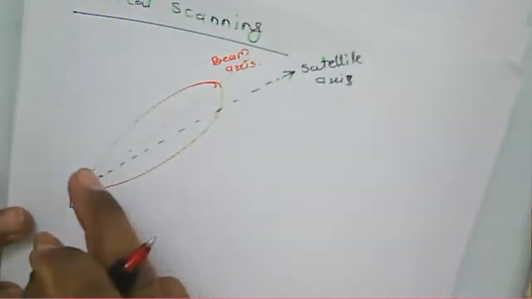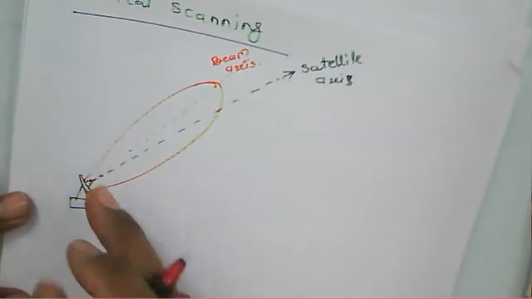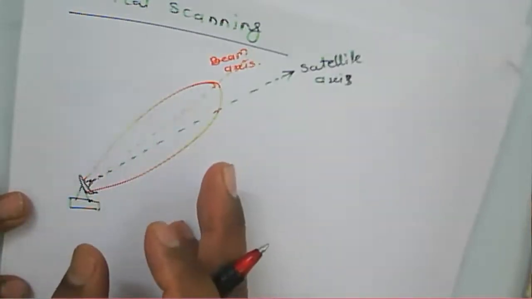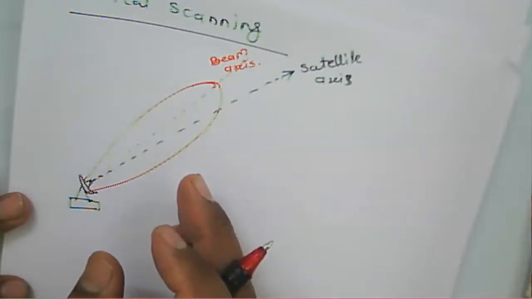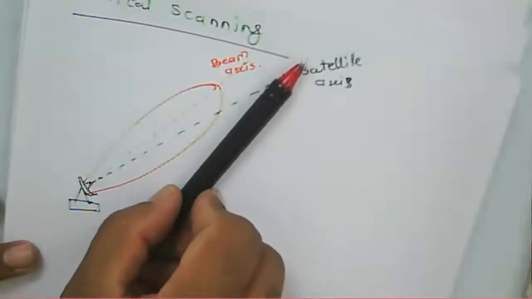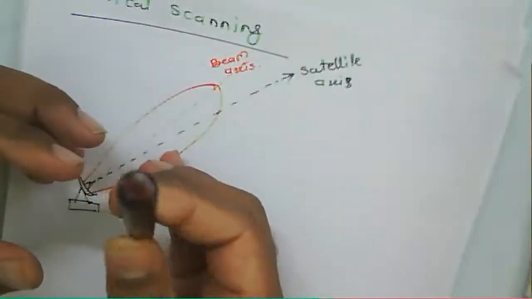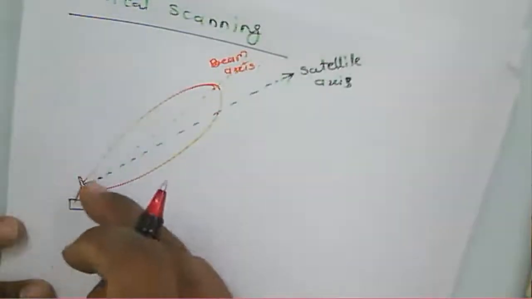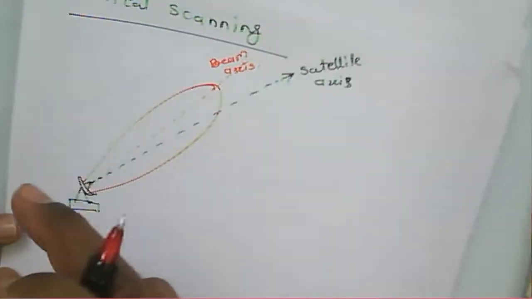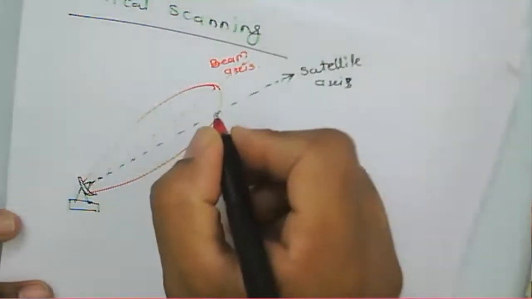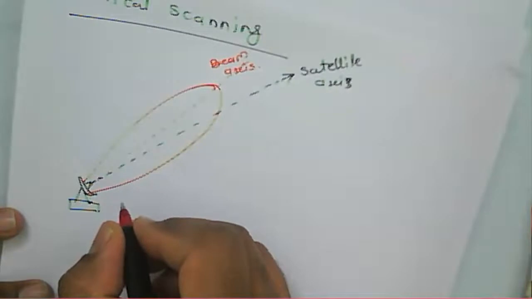So in the case of conical scanning, the antenna is to be rotated around its axis. It means we have the given antenna, and it is to be rotating likewise. We need to rotate the antenna around the given axis, with a small squint angle.